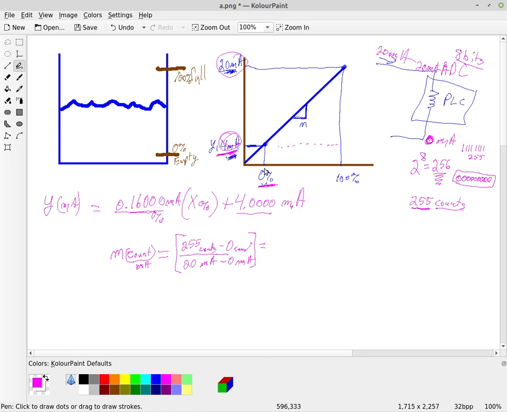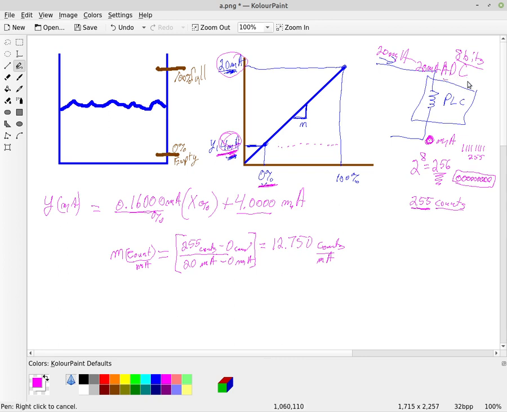Okay, so again, we want 5 digits, so 12.750 counts per milliampere. Okay, so every time the signal changes by 1 full milliamp, we're going to see 12.75 counts.